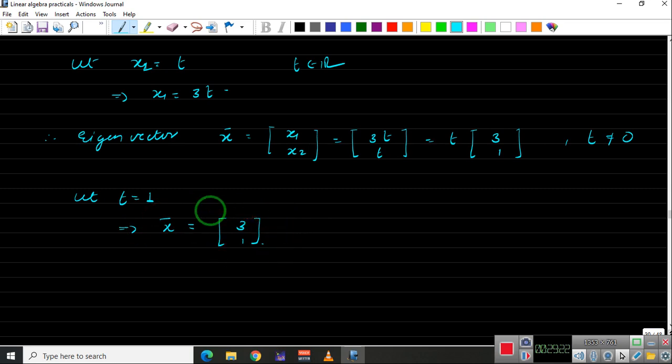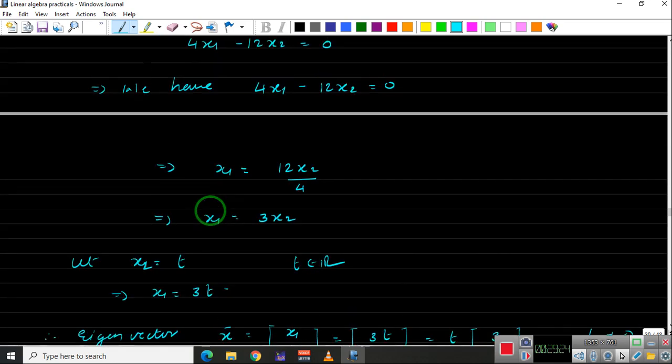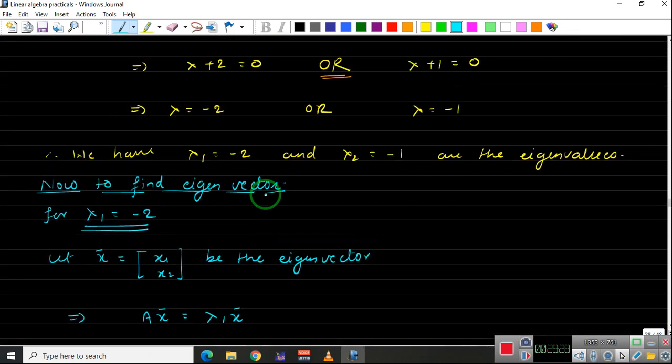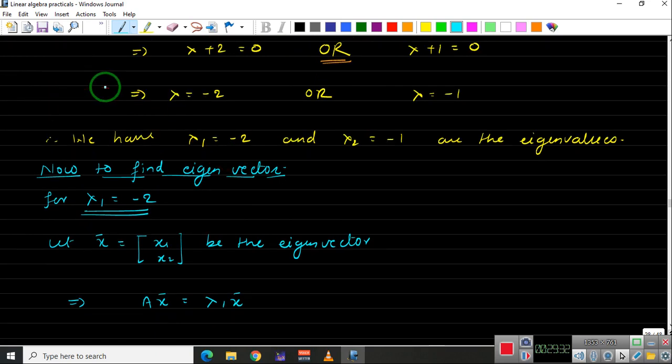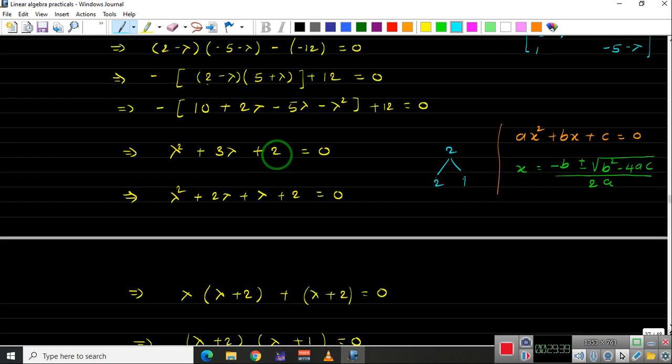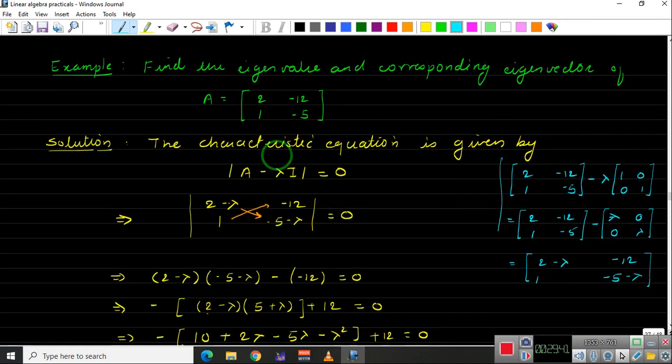Let me again recall what we have done. First, we have the characteristic equation, the determinant of A minus lambda I equals 0. Sometimes we can take the determinant of lambda I minus A equals 0, no problem.